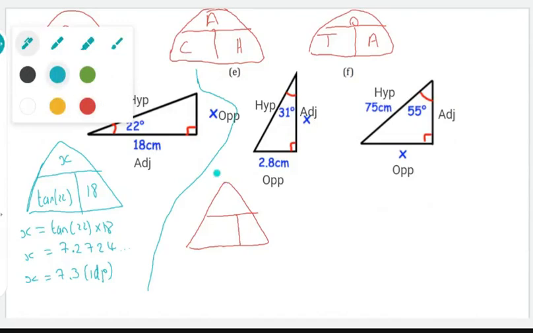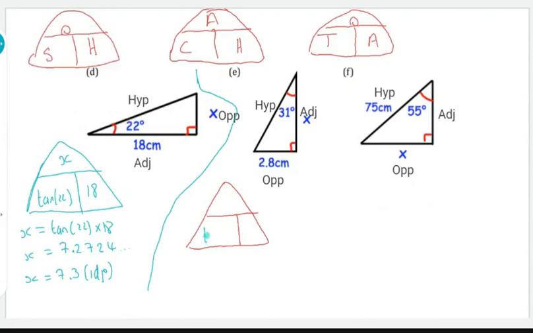We've got tan of 31, the opposite, which is 2.8, and the adjacent, which is x. So that means that x is equal to 2.8 over tan 31.